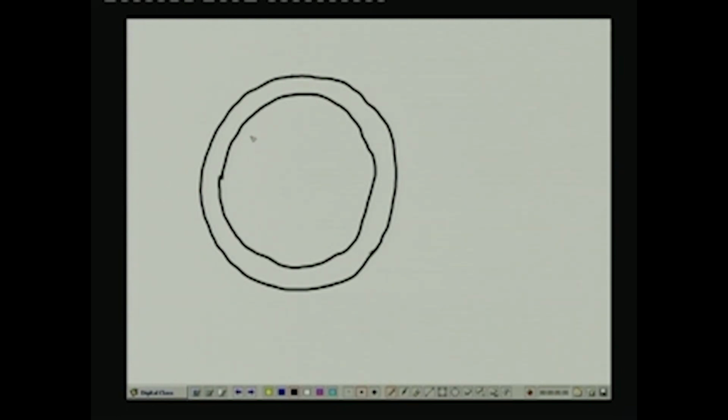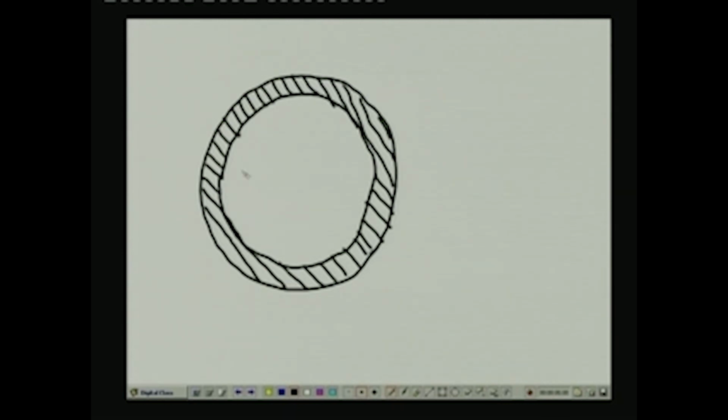This is the thickness of the sampler wall, this is the wall thickness, and then inside of it is the soil sample.